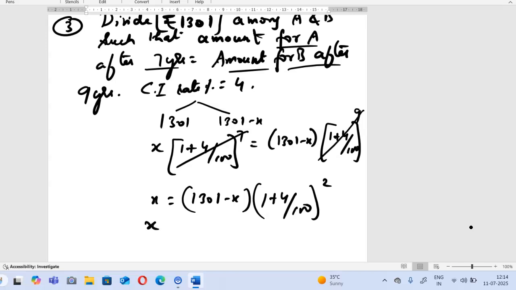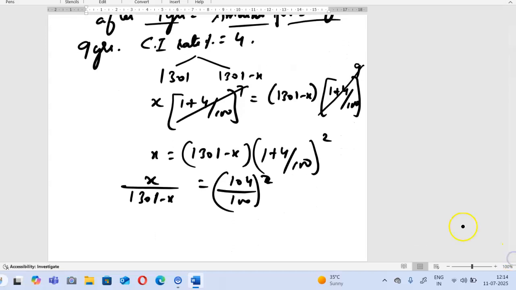So x by 1301 minus x equals (104 by 100) whole square. Dividing 104 and 100 by 4 gives 26 by 25. 26 square is 676, 25 square is 625. So x by 1301 minus x equals 676 by 625.